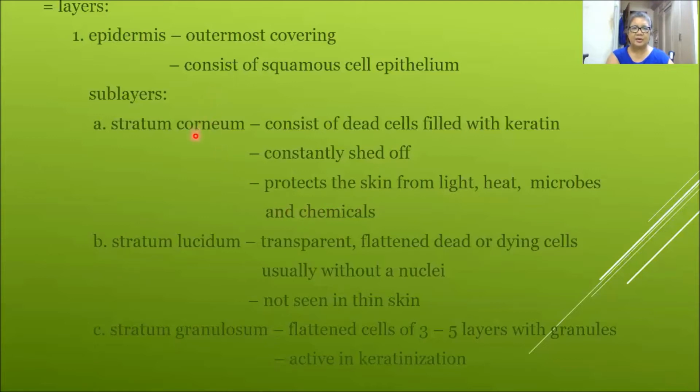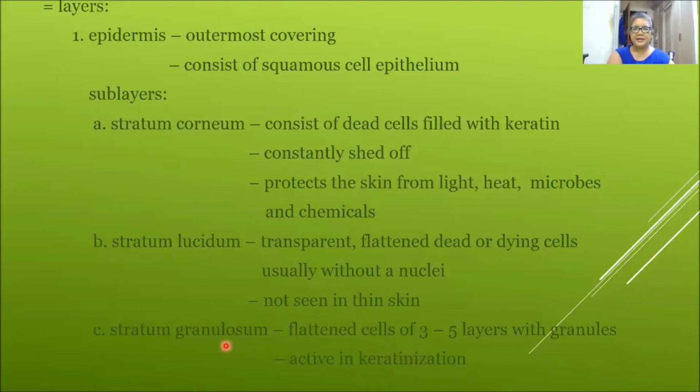The next layer going inward is the stratum lucidum. Your stratum lucidum is not always present in all parts of the skin of the body because it is not seen in thin skin. It is also made up of flattened dead or dying cells, and the cells of your stratum lucidum are transparent. But usually the cells of the stratum lucidum are without nuclei.